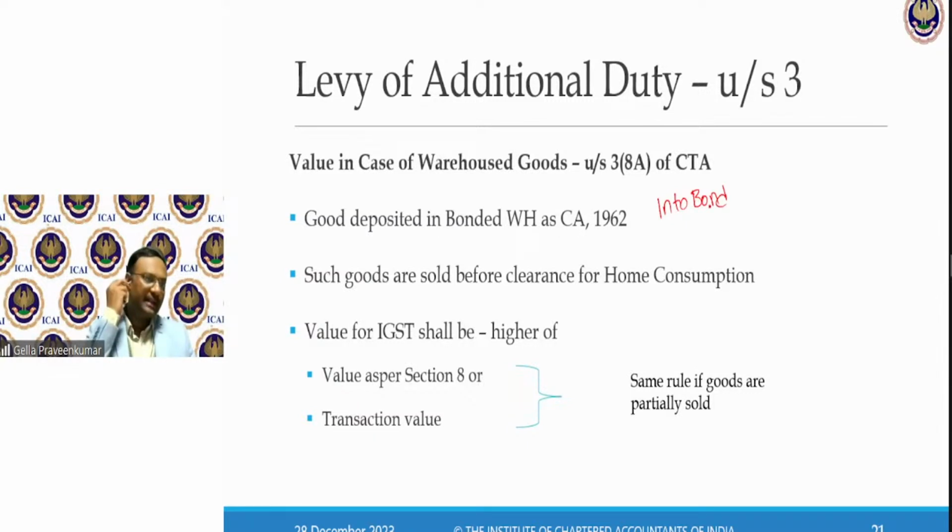Into bond. That means to say, I import the goods. These goods imported are placed in the warehouse. Some process is undertaken. Then these goods may be exported or these goods may be cleared to the domestic tariff area.